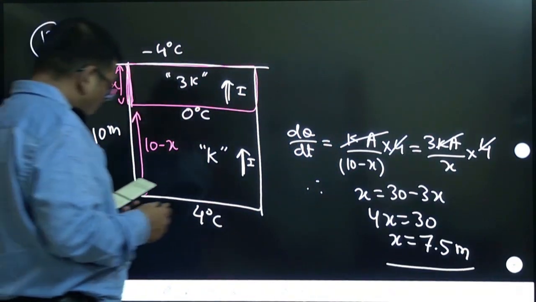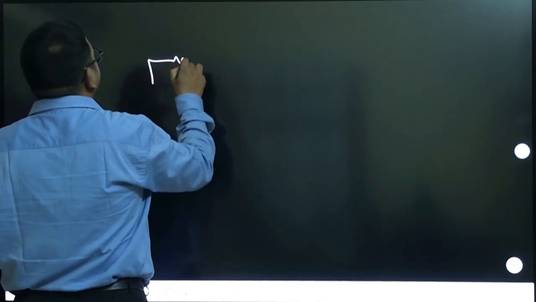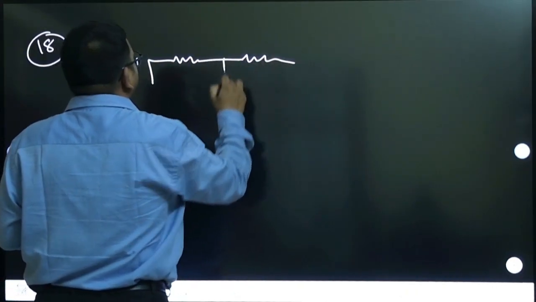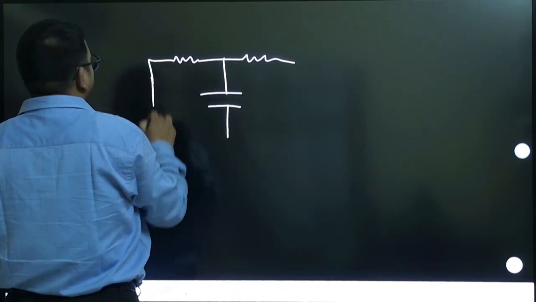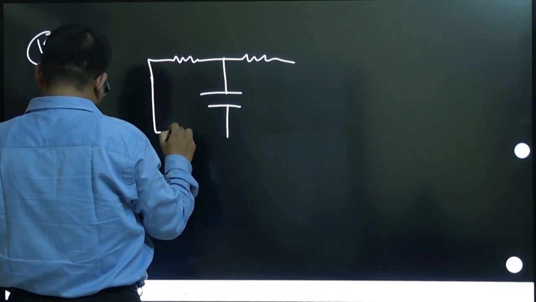Okay. Let us go to the next question, number 18. What is the equivalent capacitance? Two resistors are there. One capacitance is there. There is another capacitance is there.